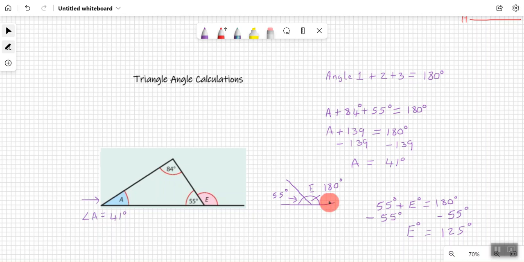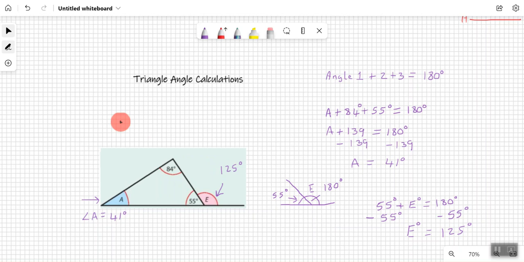So what we can say then is that this angle here, angle E, is equal to 125 degrees. And that's using this calculation here.